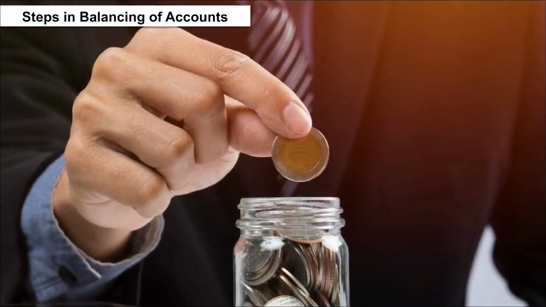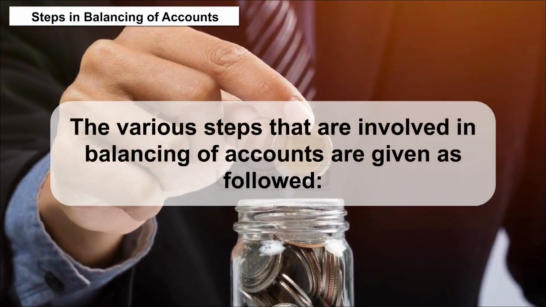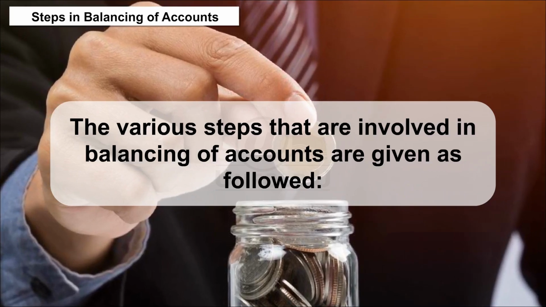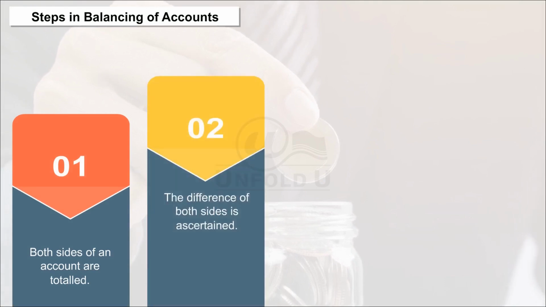Steps in balancing of accounts. The various steps that are involved in balancing of accounts are as follows. 1. Both the sides of an account are totaled. The difference of both the sides is ascertained.